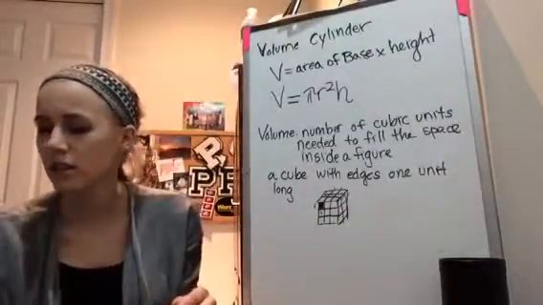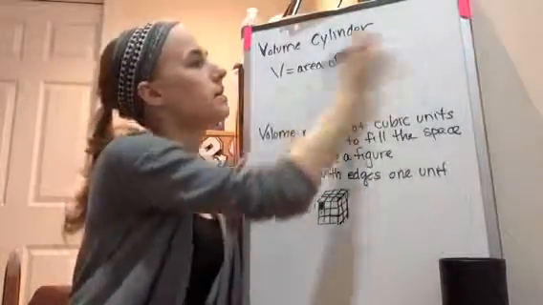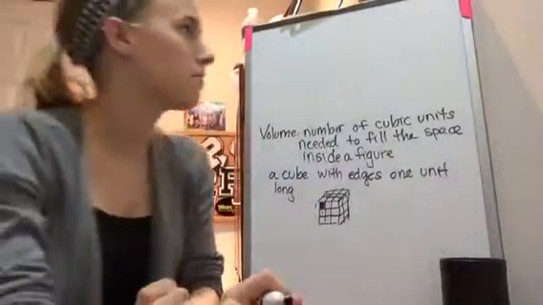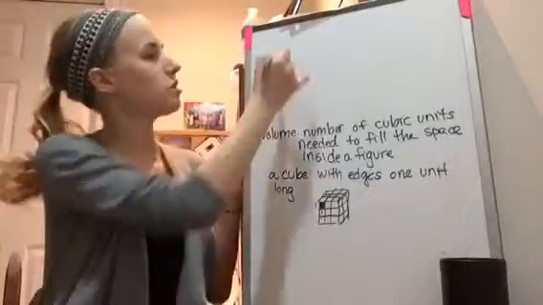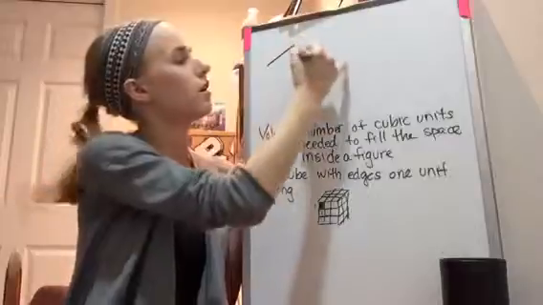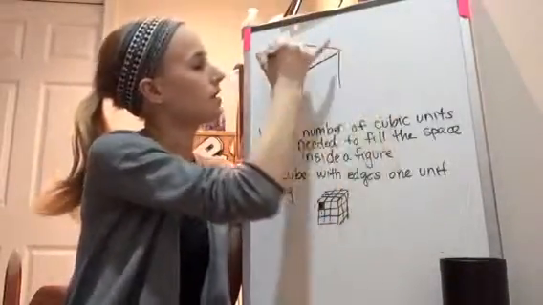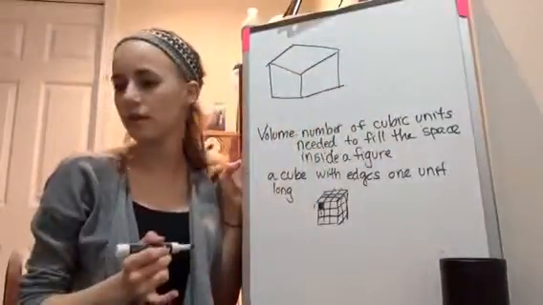All right, so let's take a look at some examples then. All right, and I'm going to come up here. Let me erase this. So the first one says, find the volume of a rectangular prism. So we have to look at, okay, what are going to be our dimensions? So they give us a box, or a rectangle, I'm sorry. Come on, Miss B, use the correct terminology.